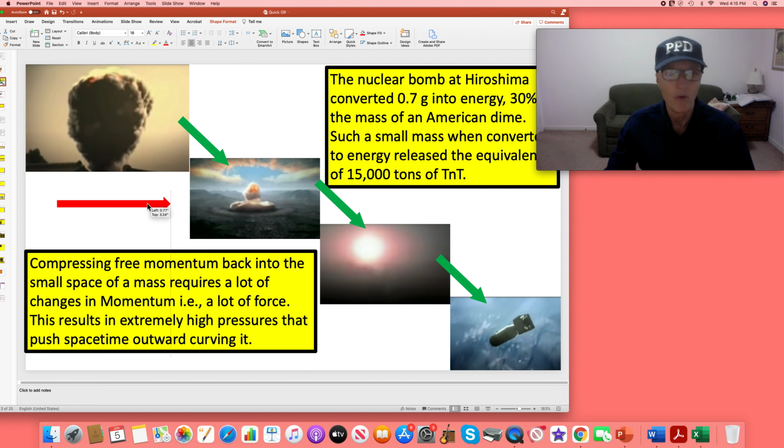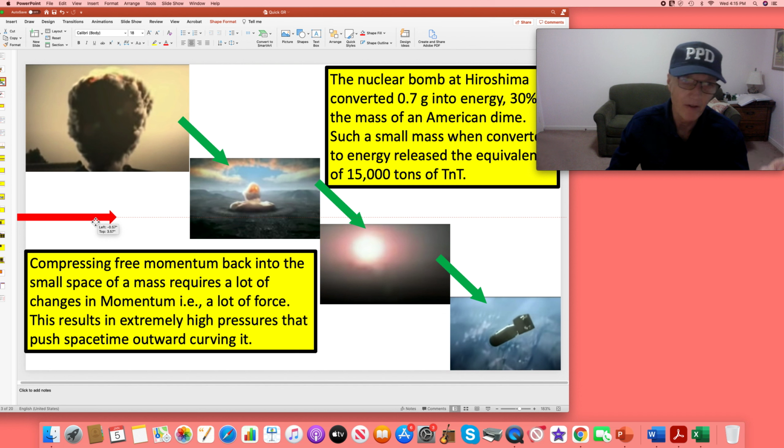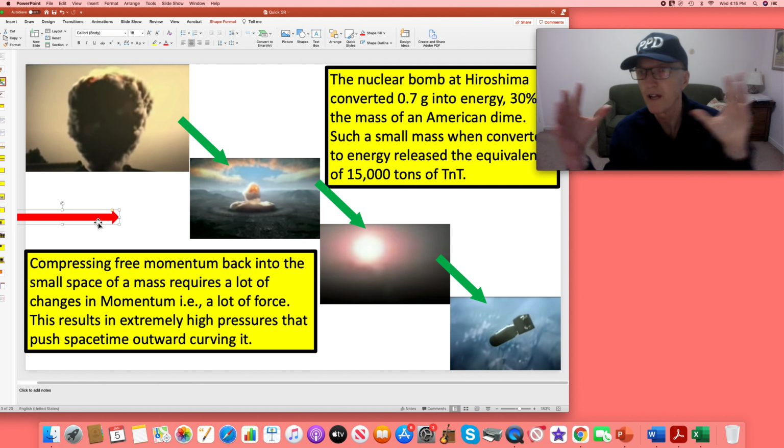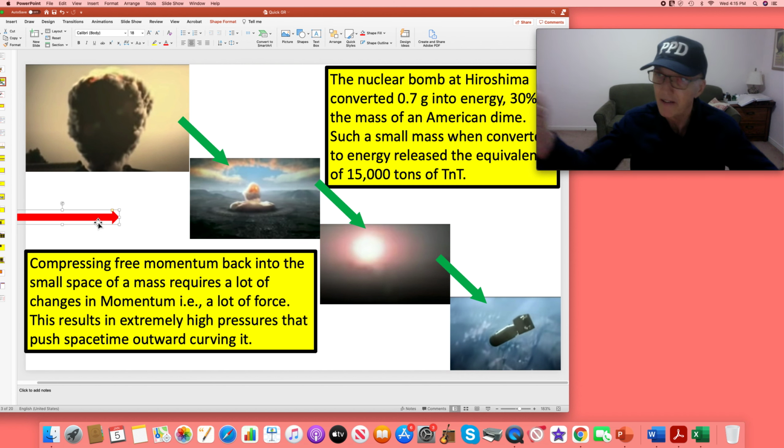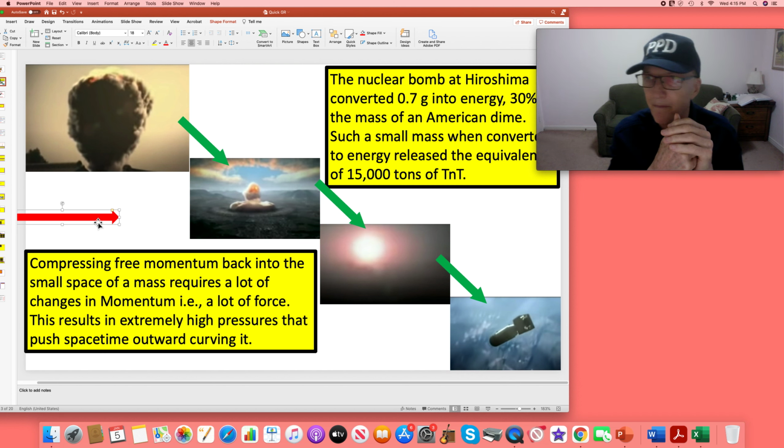Now, with the green arrows, I want to think about compressing that free momentum of that 0.7 grams of energy back into the small space of the initial mass. What you need to do to convert that outgoing momentum into inward flowing momentum is interact with a lot of changes of momentum.